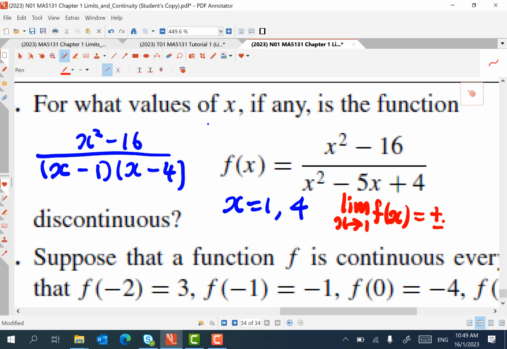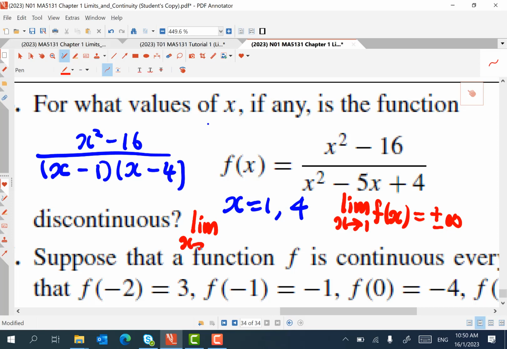It's either plus or minus infinity. It could be one side positive, one side negative, or both sides positive or both sides negative. Positive infinity, because it ends up as x plus 4 over x minus 1. Okay, so according to Kenneth, it's going to be infinity. I'm just putting it as either positive or negative.